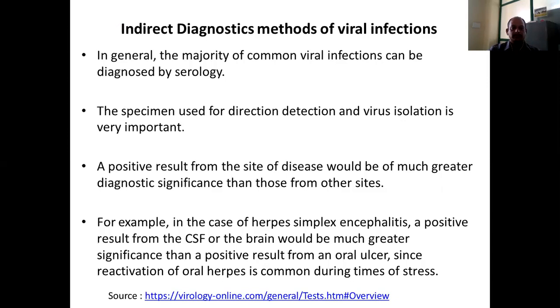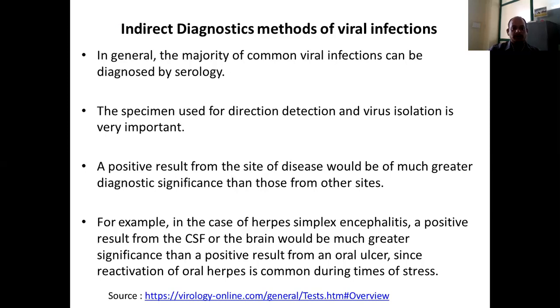For example, in case of herpes simplex encephalitis, a positive result from CSF or PCR would be of much greater significance than a positive result from an oral ulcer, since reactivation of oral herpes is common during times of stress.